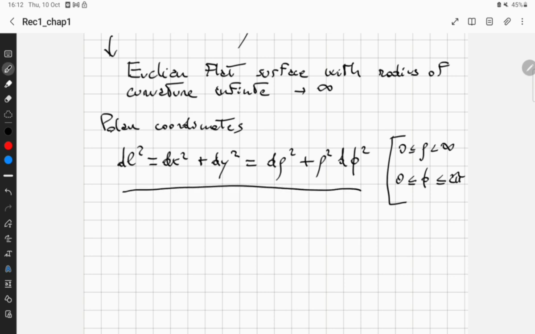Also, for handiness, we introduce two parameters, which are r, defined as rho divided by a, and a.